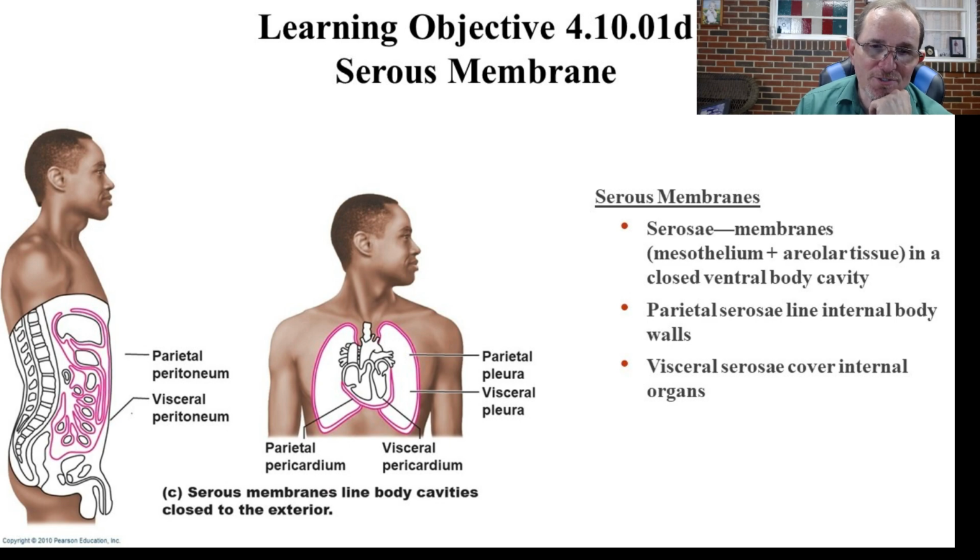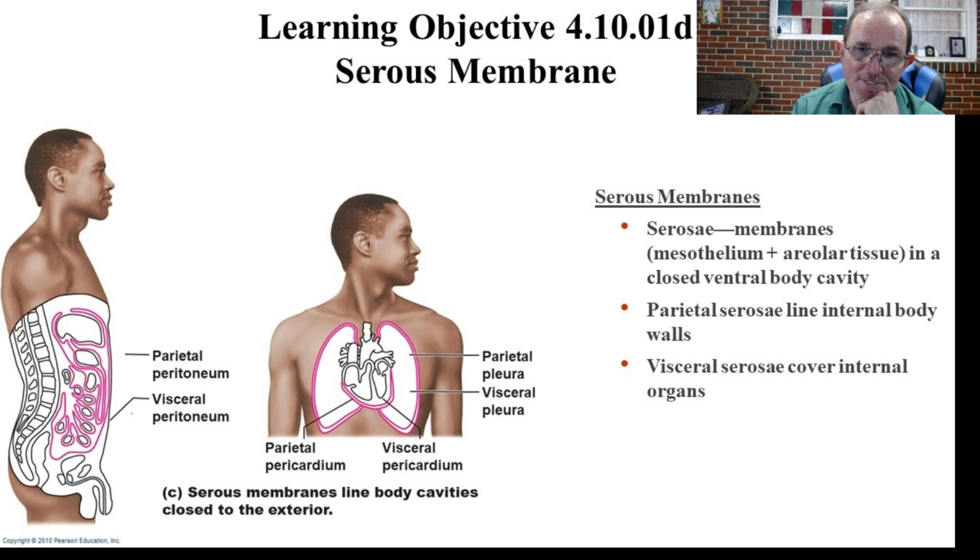So the visceral pericardium is going to be on the heart, and then it's going to go up to the end of the heart, and then it's going to do a U-turn and come back and line the cavity, which is the parietal pericardium. And then there's a space. In actuality, it's more of a potential space, but it's got fluid, and it allows the heart to move without rubbing and maybe causing scarring that would keep it from moving.